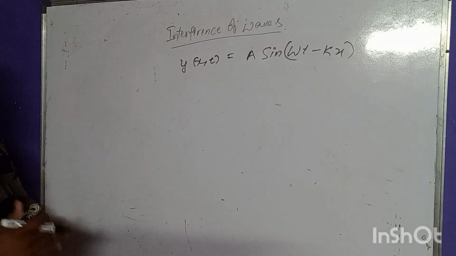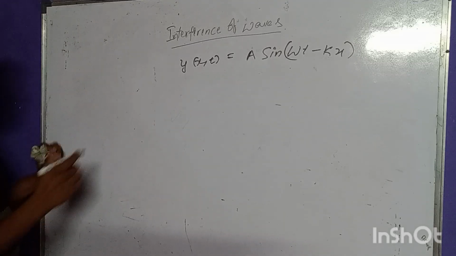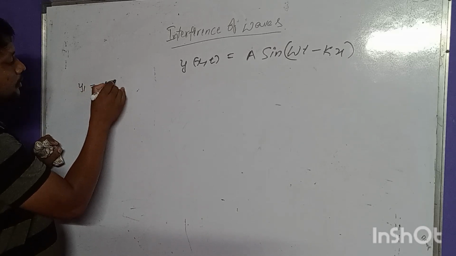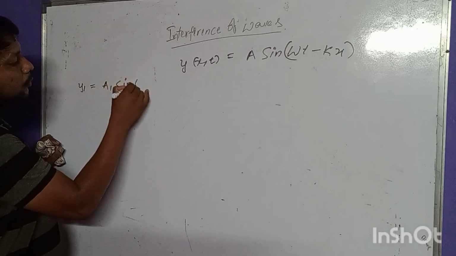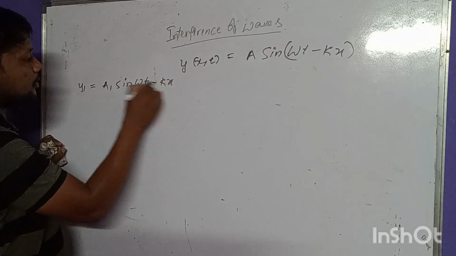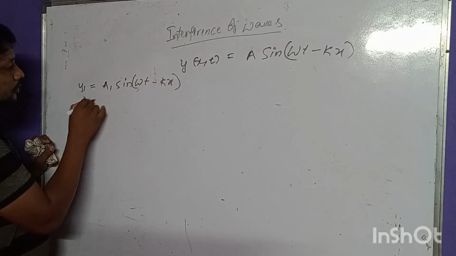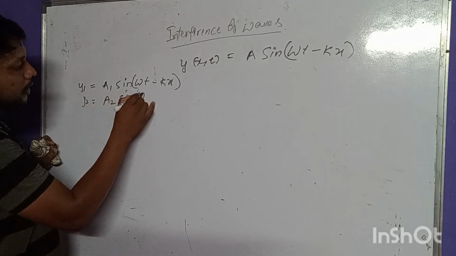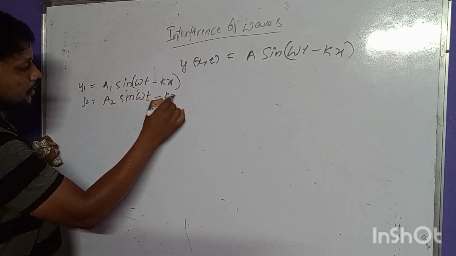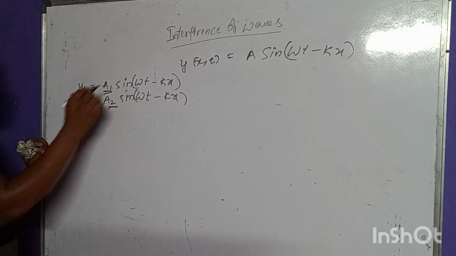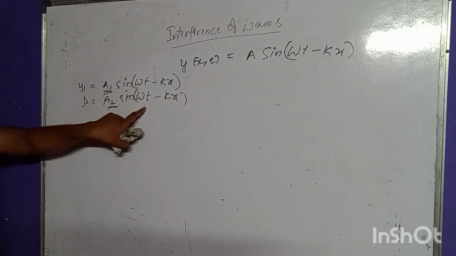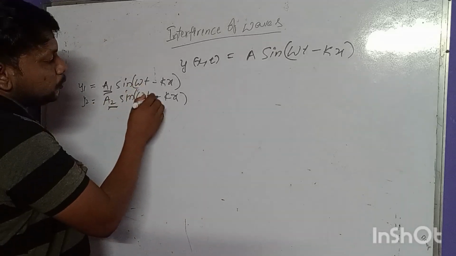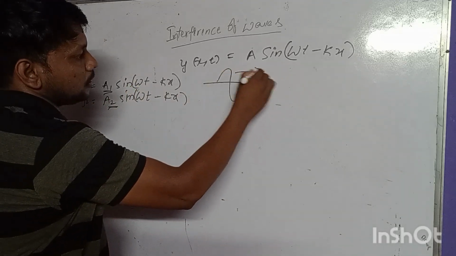If we add two traveling waves, y1 is equal to a1 sin(omega t minus kx), y2 is equal to a2 sin(omega t minus kx). Only amplitudes are different, the direction of the two waves is the same. That means these two waves are traveling in the positive direction.